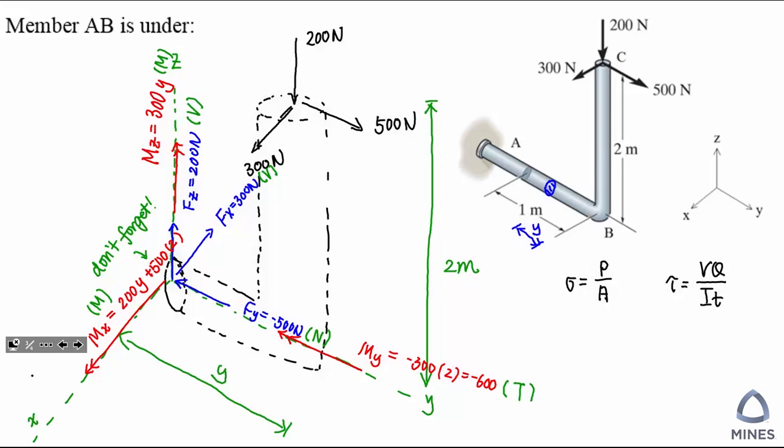If it is the bending moment, then we are going to get the flexural stress, which is the normal stress, calculated as My over I. And then for the torque, it's going to create the shear stress, and we are going to use T rho over J to do the calculation. And this is why we need to identify the force first, and then we know what kind of stress is going to be produced by this force, and we also know which formula we are going to use to calculate the stress.